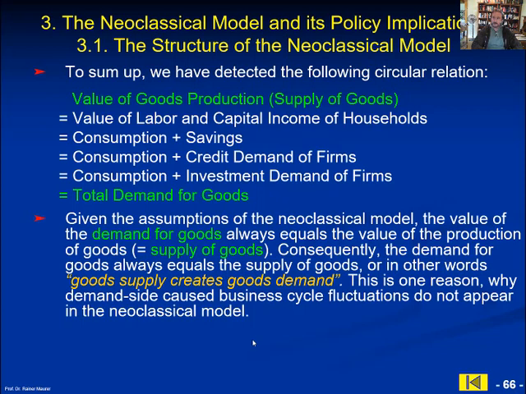This is one reason why demand-side caused business cycle fluctuations do not appear in the neoclassical model. We will analyze demand-side shocks under the neoclassical model, and you will see that exactly for this reason, Say's theorem, they are not able to create fluctuations under these assumptions.